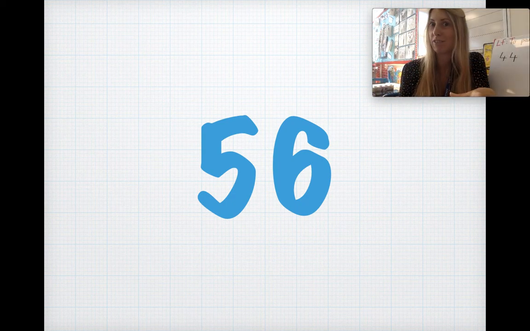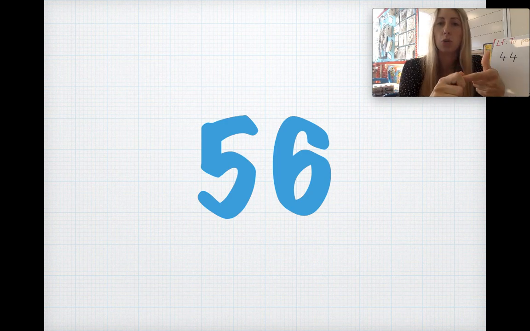We put our 10s and our 1s on the top here. So we can see that 56 is made up of 6 1s and 5 10s. So we know 6 1s are 6 and 5 10s are 50. So count in your 10s if you're not sure. So 10, 20, 30, 40, 50, 5 10s are 50.